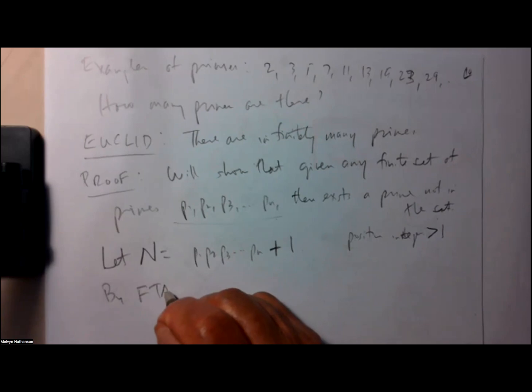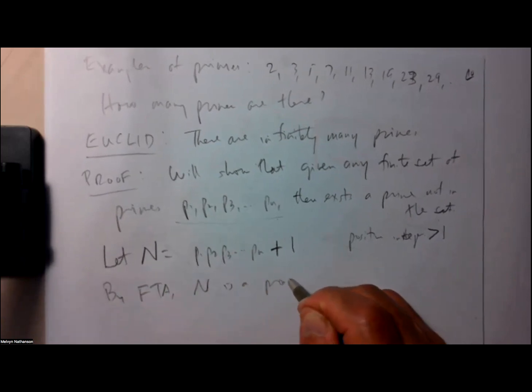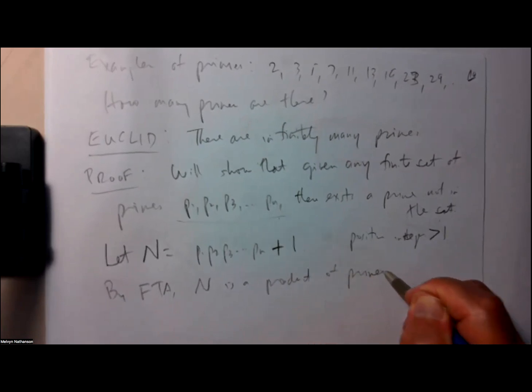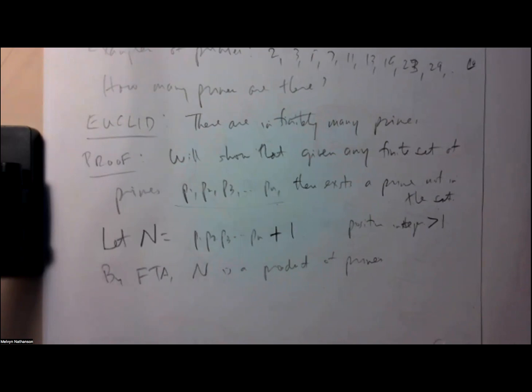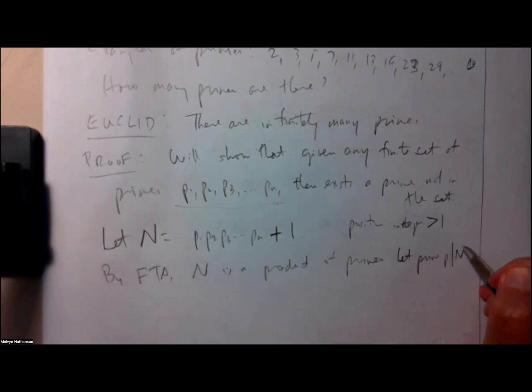So by the fundamental theorem of arithmetic, N is a product of primes. Every number bigger than 1 is a product of primes. So let a prime number P divide N.